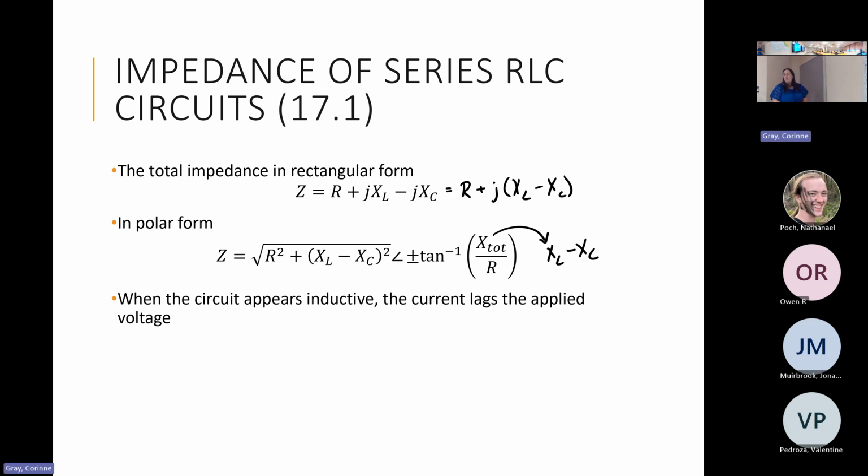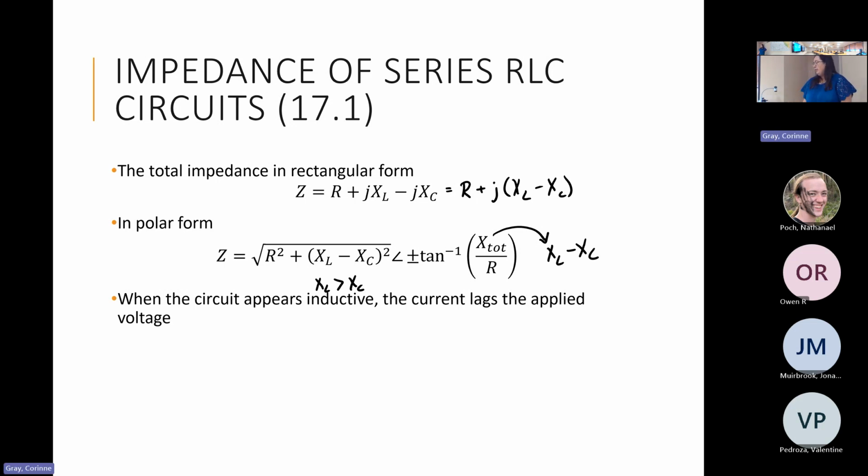So for example, if the circuit appears inductive, so again, XL greater than XC, the current is going to lag behind the voltage. And because they're in series, they all share the same current.